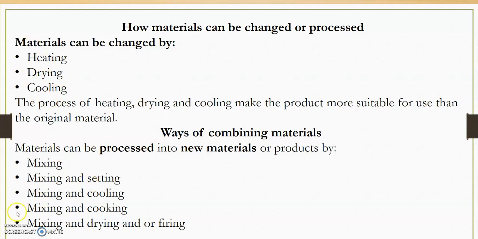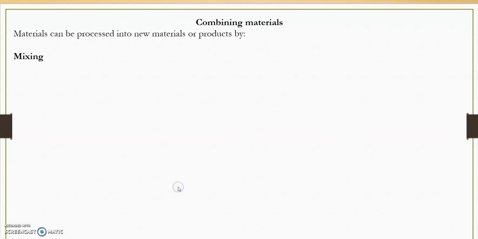And at times you have to mix and cook. At times you have to mix and dry and or fire. Okay, so you can mix and dry and stop there, or you can mix, dry and fire. Alright, and I'm going to deal with these separately in separate lessons. But let's move on with today's work.